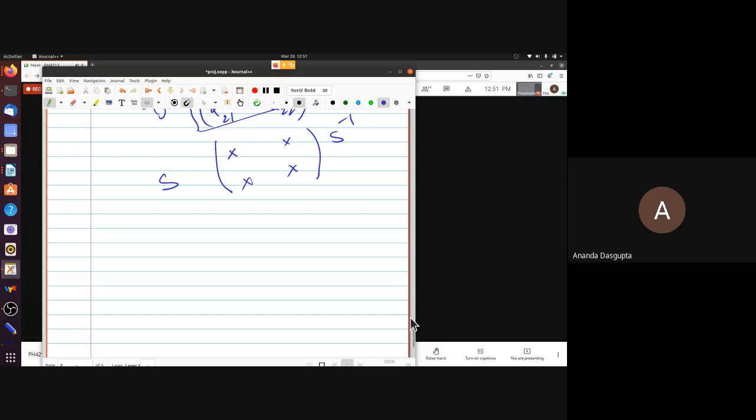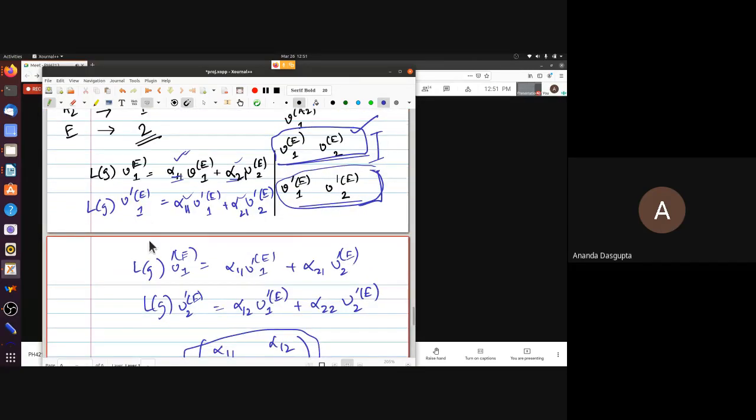If you choose some other basis, then the numbers will not look exactly the same. But you can always make them look exactly the same by choosing your basis properly. So it's not precisely correct to say that this has to be, but what is precisely correct is that you can always choose your V prime E1 and V prime E2 in such a way that this will happen.